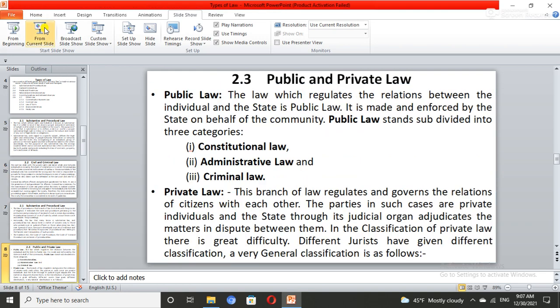Then look at other types of law also, public and private law. Then what are public and private law? Public law, private law. Very simple. Public law means government law.